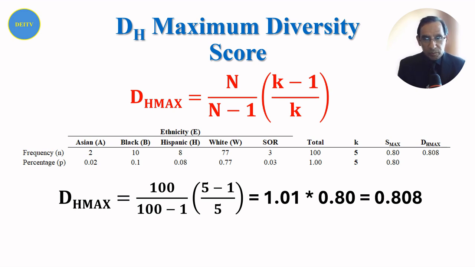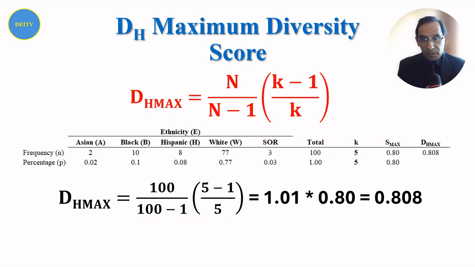So in this example, if you look at the bottom portion of the slide, the Hurlbert maximum score is going to be 100 divided by 100 minus 1 times 5 minus 1 divided by 5. So that is going to be 1.01 times 0.80. When you multiply those products together, that gives you a maximum score of 0.808.